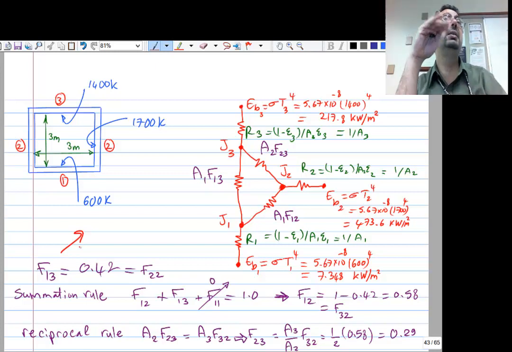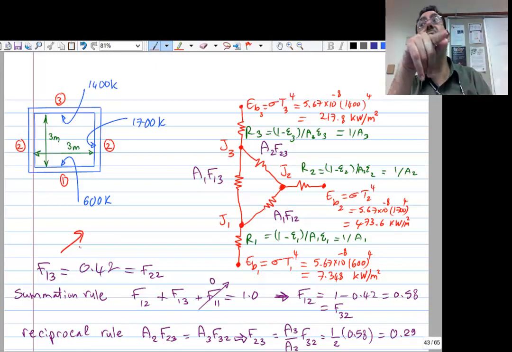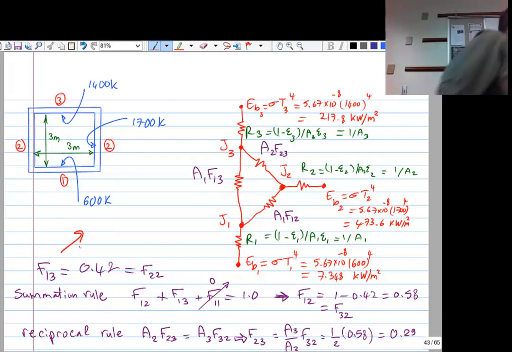So those are two plates 3 meters away from each other. And it's kind of 2D, it's not 3D, so we don't have to use this long equation. We can use the shorter equation.